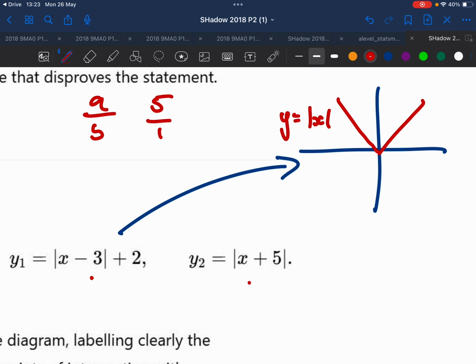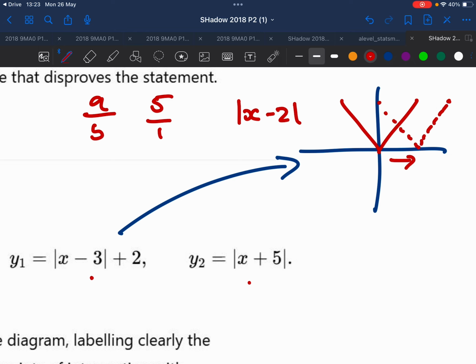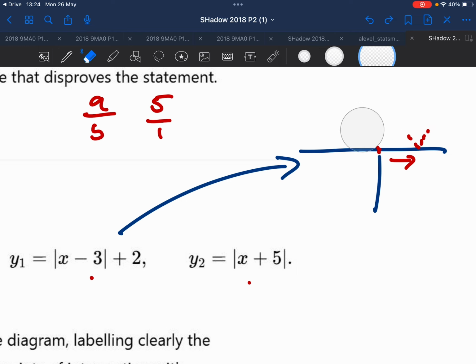So when you do other things to it, like say you wanted to do modulus of x minus 2, for example, well, one way you can think of it is it's a bit like graph transformation. So you can just move it to the right by 2, okay? And then when you add numbers, you just lift up the graph like you normally would, okay? So we're going to basically do that, okay?